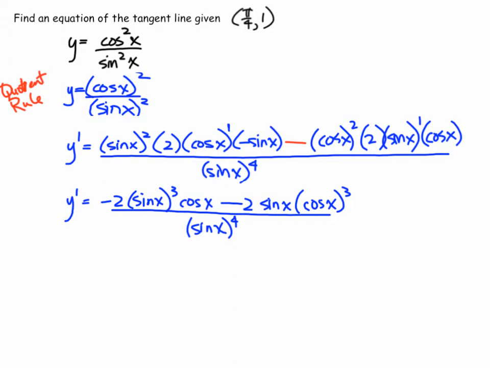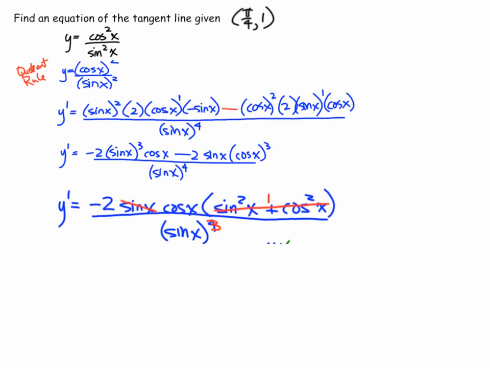And I notice that I can factor out a -2. There's a GCF there. I can factor out a sine x, and I can factor out a cosine x. So my GCF in the numerator is -2 sine x cosine x. And what I'm left with in brackets is sine squared x plus cosine squared x.